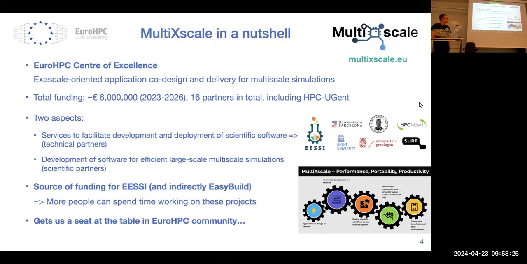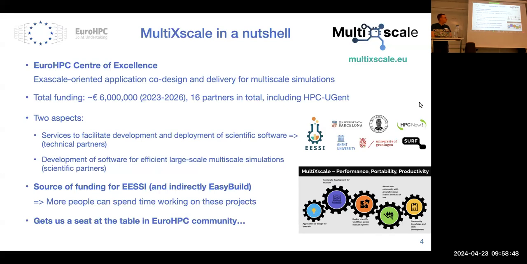There's services to facilitate development and deployment of scientific software. That's just a nice way of saying we're going to sponsor EASY. And that's basically the 6 partners mentioned there, including HPC Now, University of Bergen in Norway, University of Barcelona, Ghent University, University of Groningen, and the SURF Center in the Netherlands are involved with that activity.